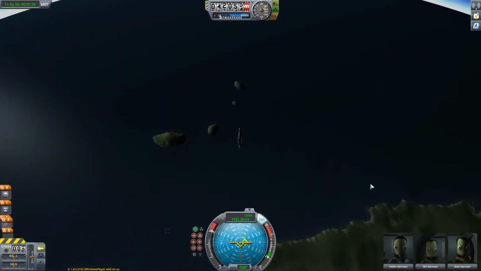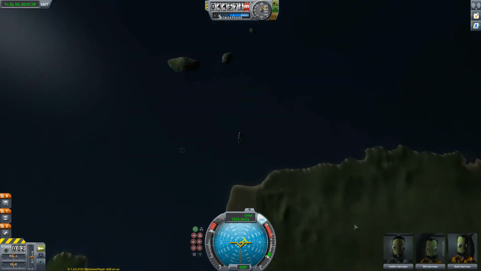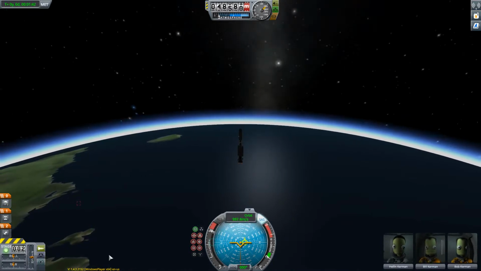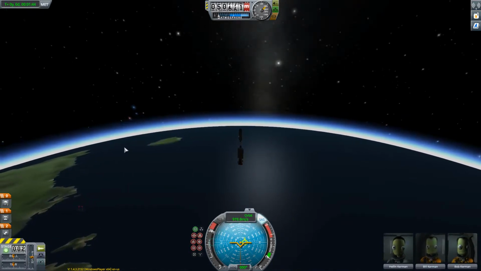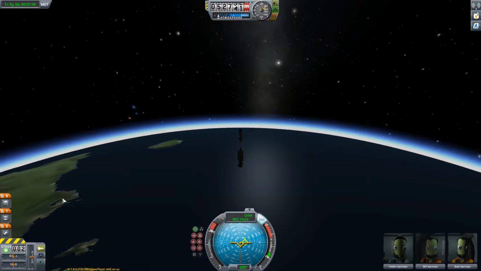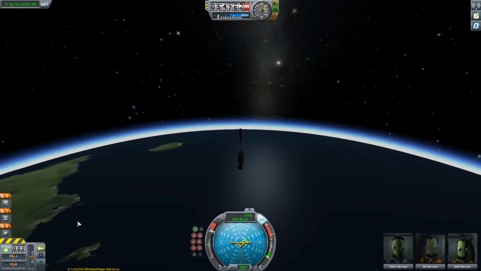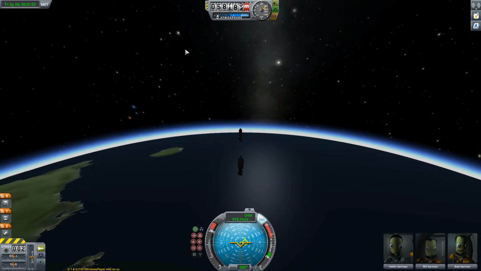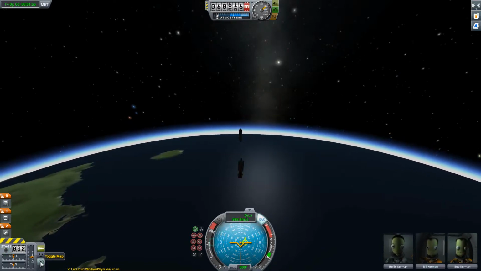Out of fuel. Eject. We are almost out of the atmosphere. And we're about to enter space. Once this atmosphere gauge goes to right here, we are then officially in space.